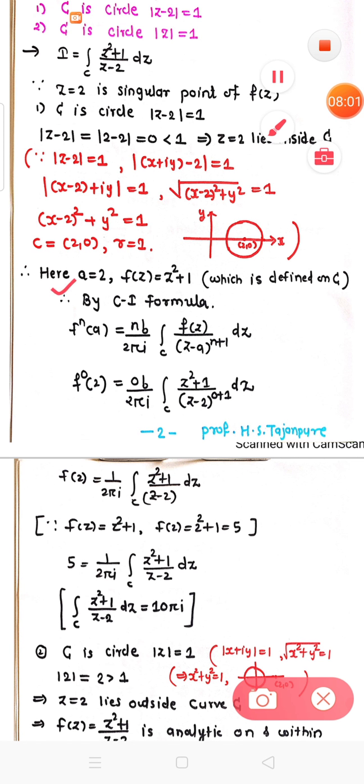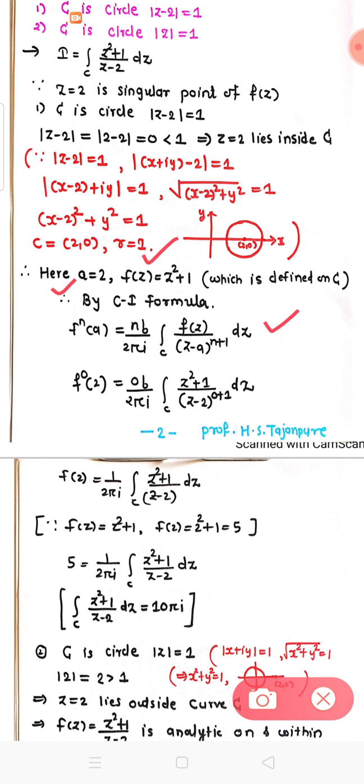Once you get a and f(z), then write Cauchy's integral formula: f^(n)(a) = n!/(2πi) ∫ over the curve C of f(z)/(z − a)^(n+1) dz.